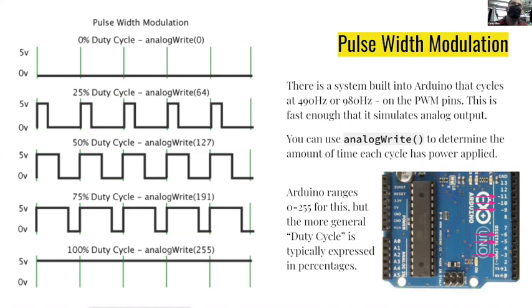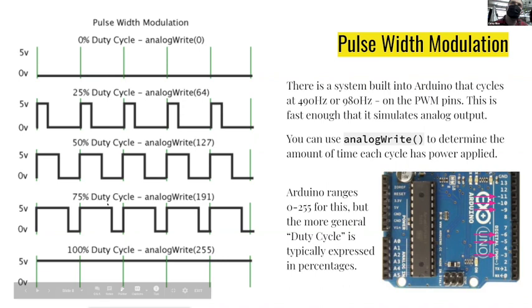If I'm pulse width modulating by doing the Arduino analogWrite 64, that would mean that 25% of the time I apply 5 volts and 75% of the time I'm not applying 5 volts. So basically it gets power 25% of the time, 75% of the time it's off. That would be like applying a voltage of 1/4 of 5 volts, so 1¼ volts.